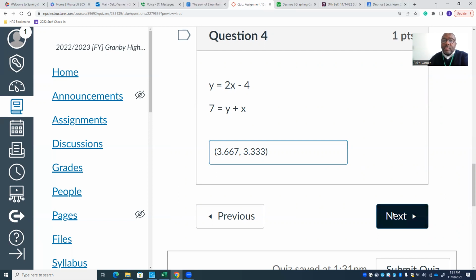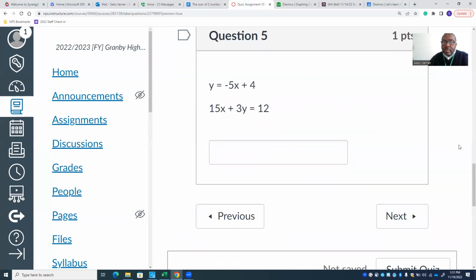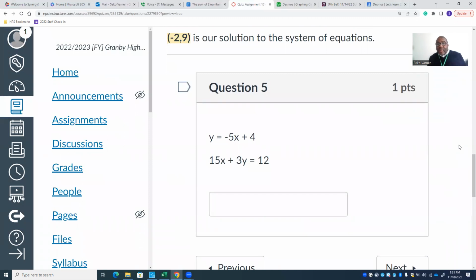Okay. Let's look at question 5. Y equals -5x plus 4. This is in slope-intercept form where you have the y, you have the slope here, the slope is -5. You have the letter x, which is your x point, and you have your y-intercept of +4.